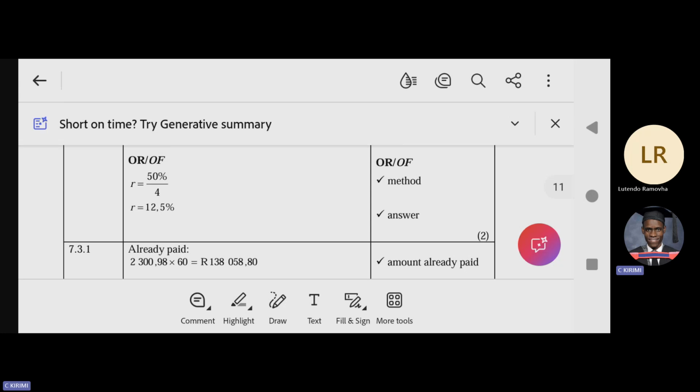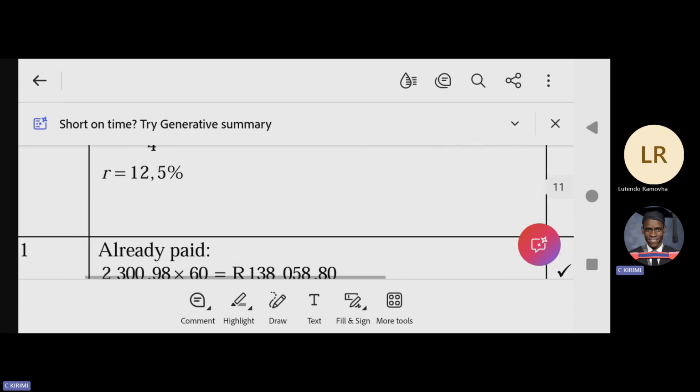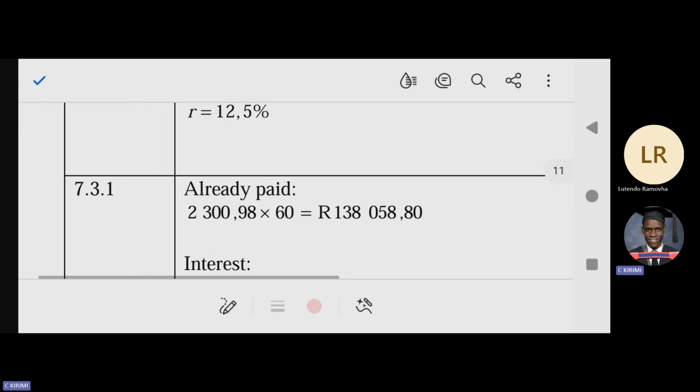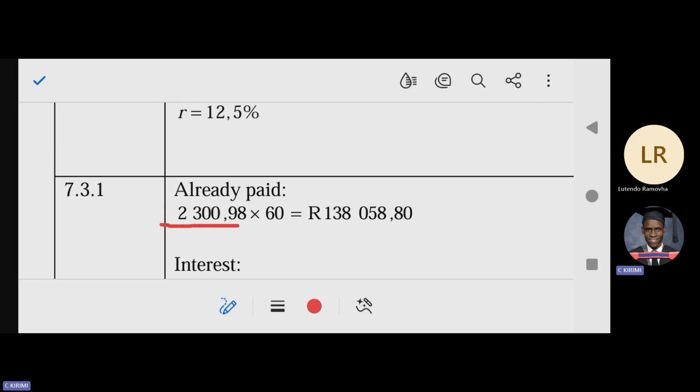So if I calculate my monthly installment, which I am going to pay every month, it's going to be 2,398 rand multiplied by 5 years, which is 60 months. So he is going to pay a total of 138,058 rand 80 cents after 5 years.